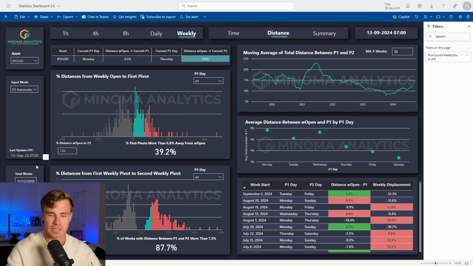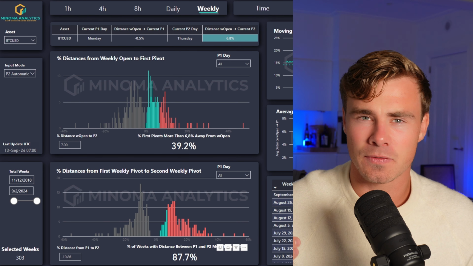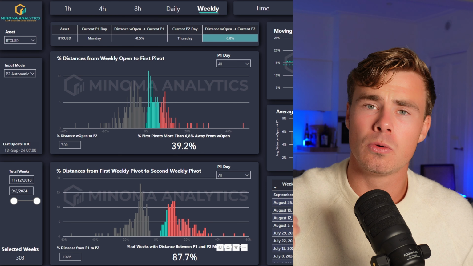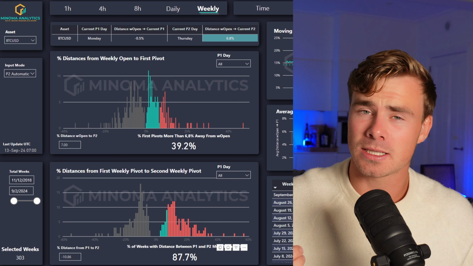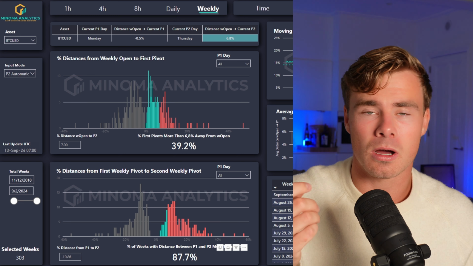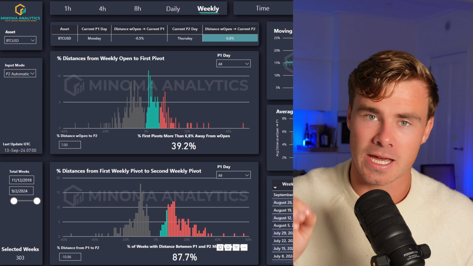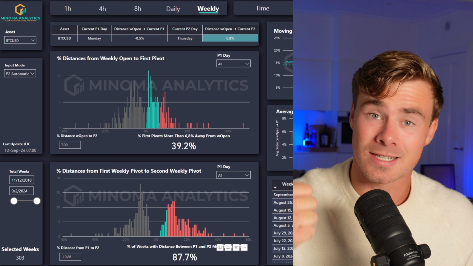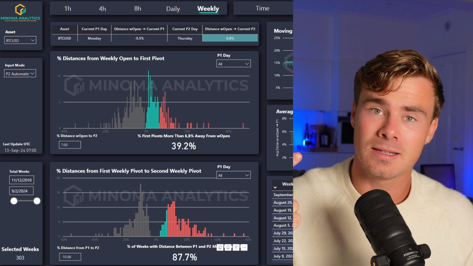The exact same thing goes for the weekly distance statistics. What we can see right over here, guys, is that the distance statistics are showcasing an 87.7% chance of a further displacement compared to the displacement that we have seen so far, right? Which means that there's almost a 90% chance that we are going to get a bigger move compared to the move that we have seen so far this week, which means that there's an almost 90% chance to get a new weekly high this week, which is obviously giving us a major edge, both on the timing statistics and also based on the distance statistics.